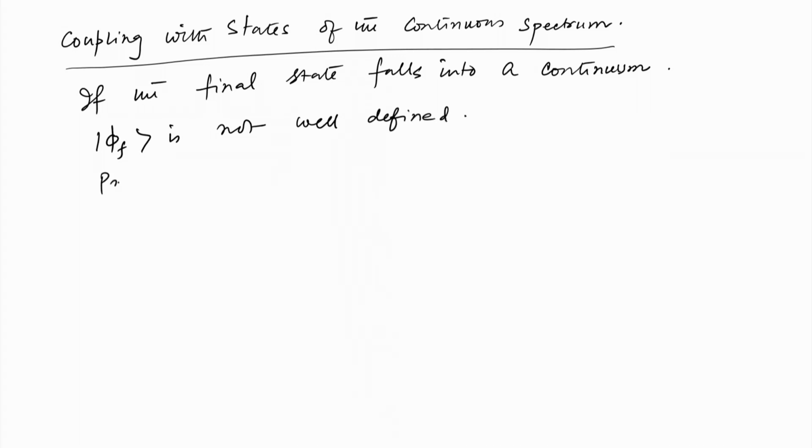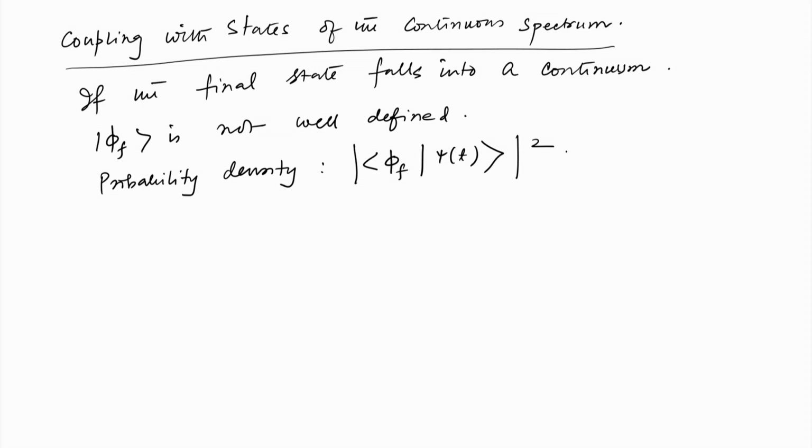So, the probability density will be given by phi f and psi t mod square, and this probability density has to be integrated over.